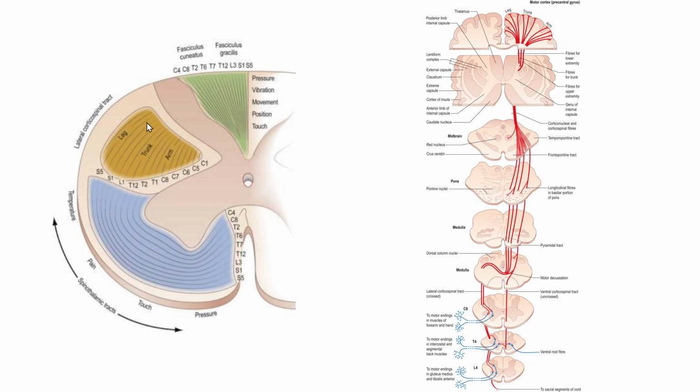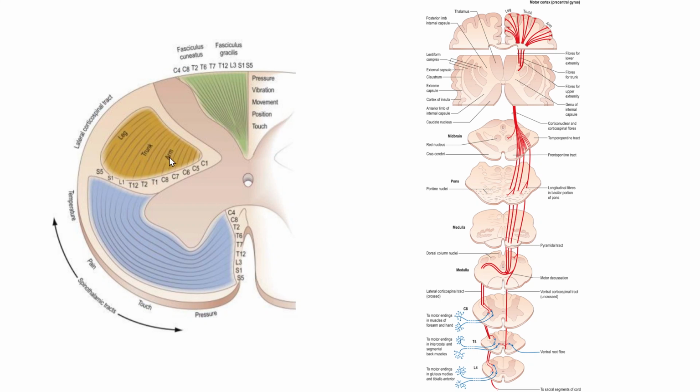There is an organisation of the lateral corticospinal tract as well. And when you think about the way that this pathway organises itself and the fact that it has crossed over in the medulla, this kind of feeds into the logic of this somatotopic organisation. The upper limbs are represented most medially, then it goes trunk, and then lower limbs represented most laterally.